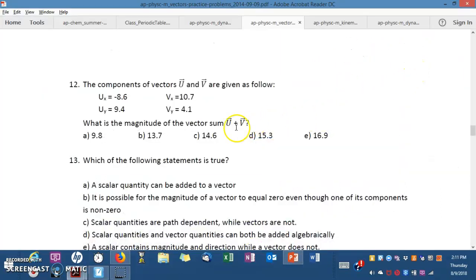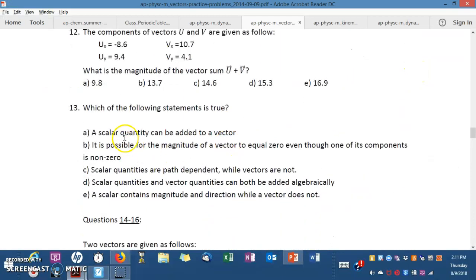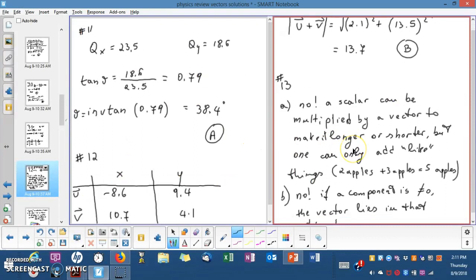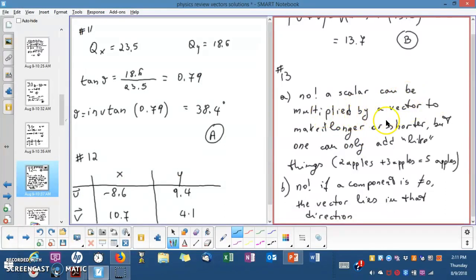Now 13 instead is more conceptual than calculation. Which of the following statements is true? Can a scalar quantity be added to a vector? Well, obviously not, because when you add, don't forget that you always add things that are alike. A scalar can be multiplied by a vector.